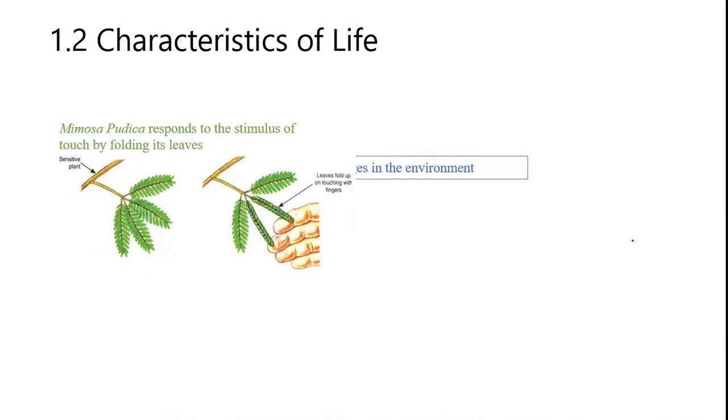The next characteristic of living things: for example, the name of this plant is Mimosa pudica. When we touch the leaves of Mimosa pudica, what happens?